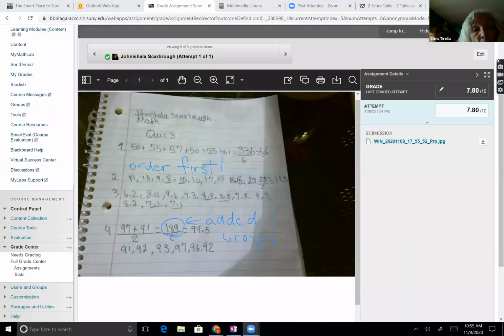Do you see over here for question 2, you didn't put them in order. You had 11, 16, 9, and you took halfway between 8 and 15. I don't see it on the screen. Oh, that's because I am not screen sharing, stupid me. So you don't even have to close your eyes, because I wasn't sharing the screen. Do you see over here in question number 2, hon, you didn't put them in order first?